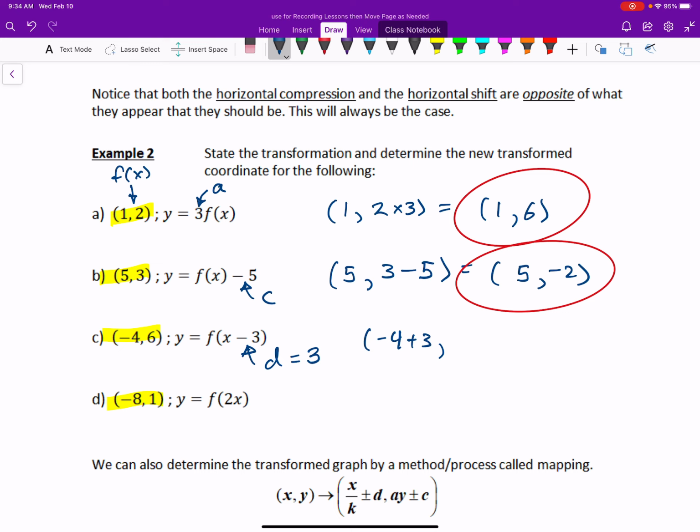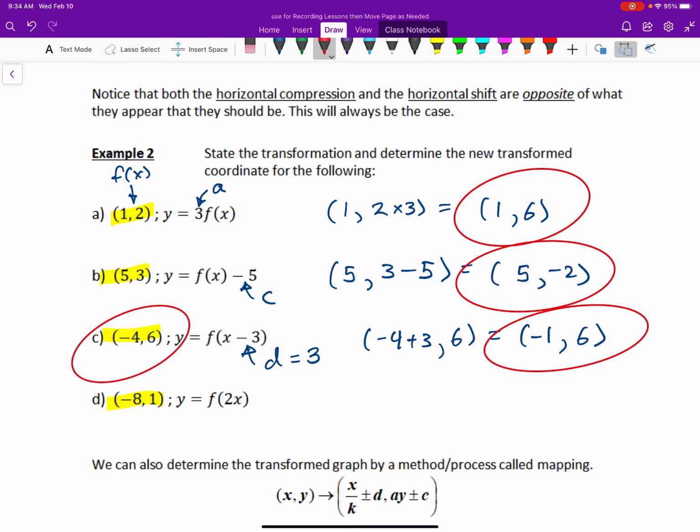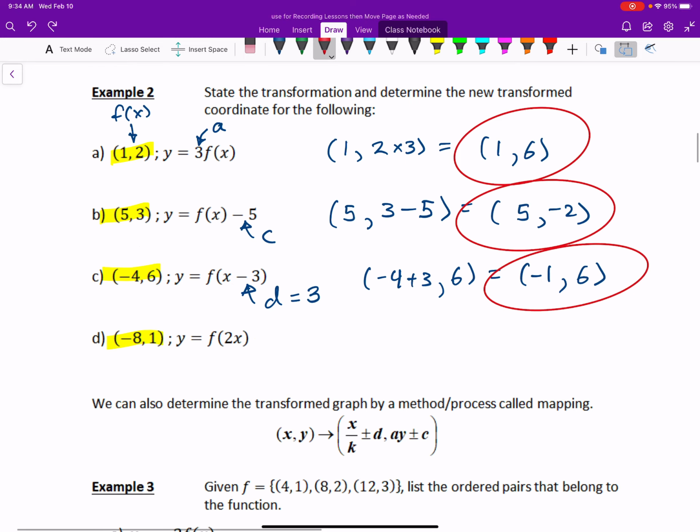So it becomes -4 plus 3. It doesn't affect the y-coordinate. And so I end up with (-1, 6). And again, let's think, does this make sense? Well, I started with (-4, 6), shifted 3 to the right, and got (-1, 6). So yeah, that makes sense to me.